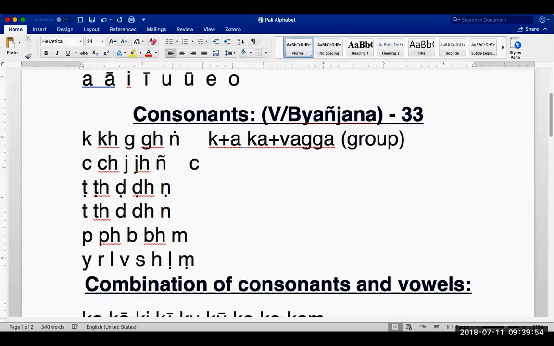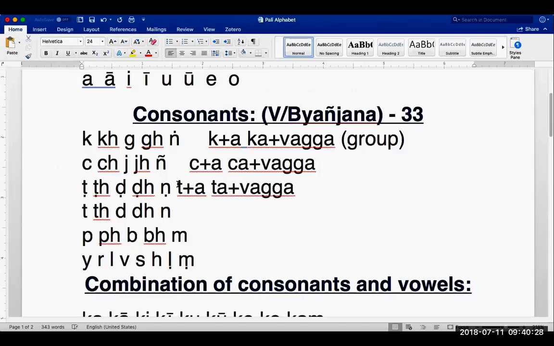So this is chavagga, and also palatal. And this one is tavagga. I don't have the diacritical mark here, so I just put only this, but you can see there is a dot underneath already. So this one is called tavagga.